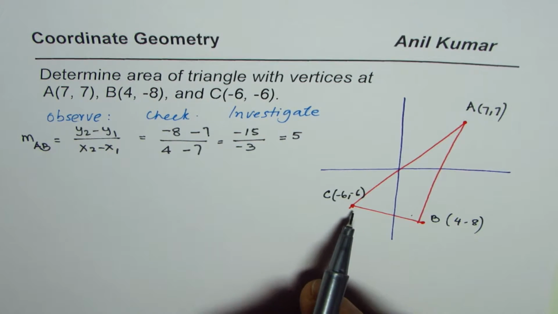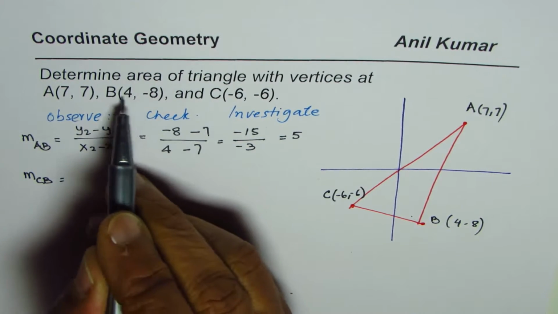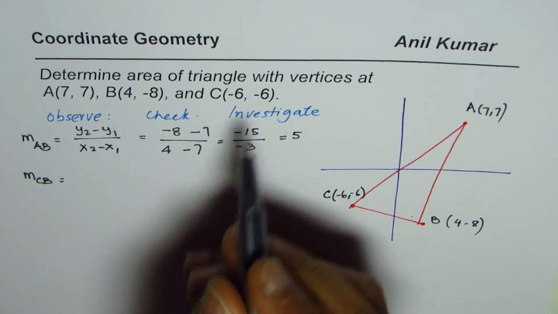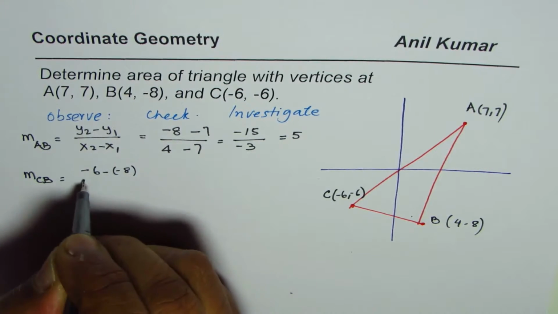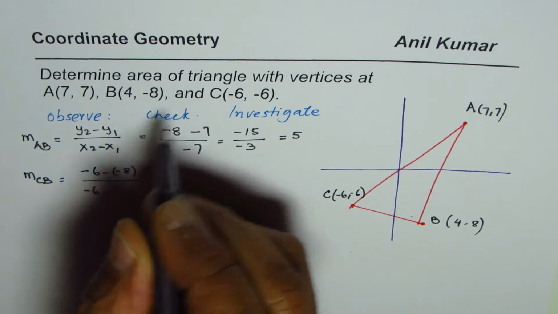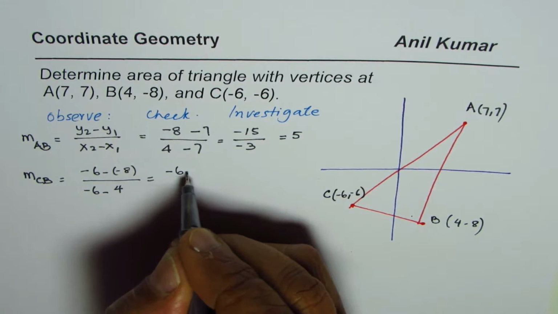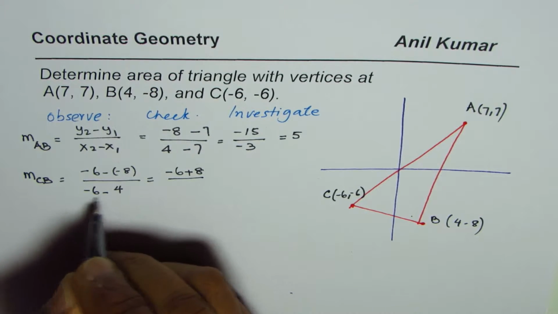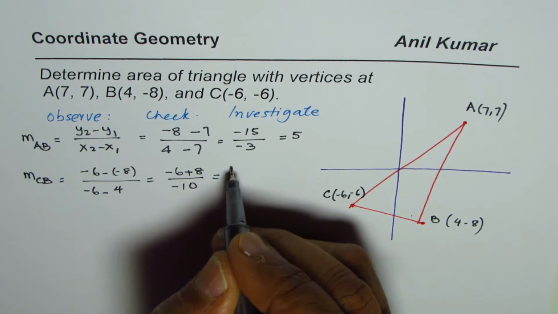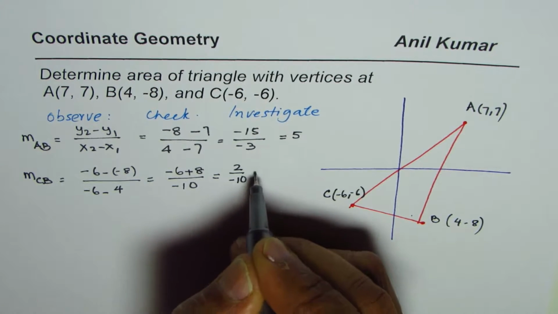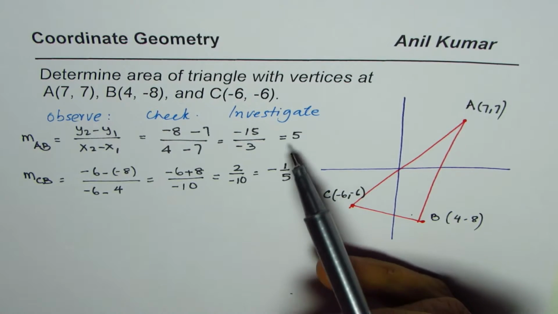Now let us check the slope of CB. Applying the same formula, it is (-6 - (-8)) divided by (-6 - 4), which gives -6 plus 8 divided by -10, which is 2 over -10, or -1/5.